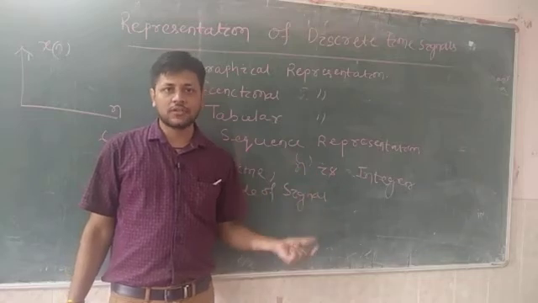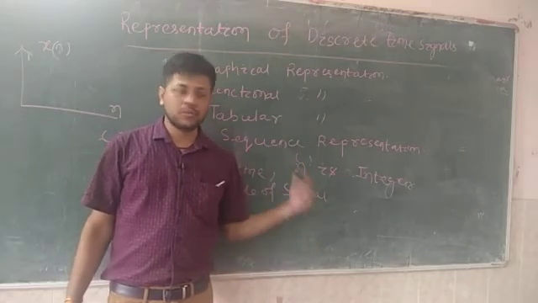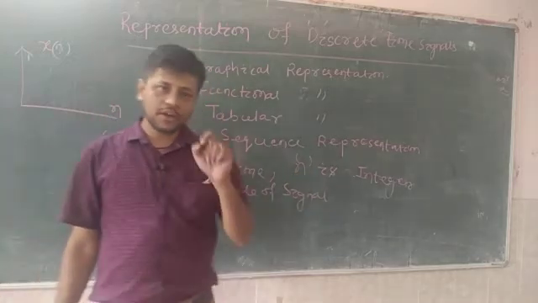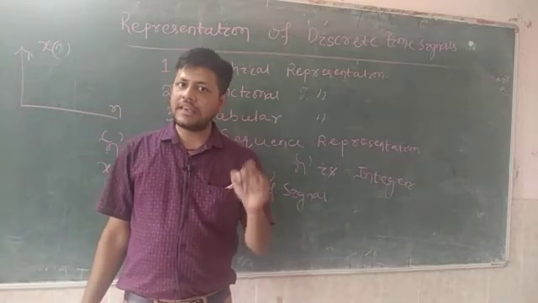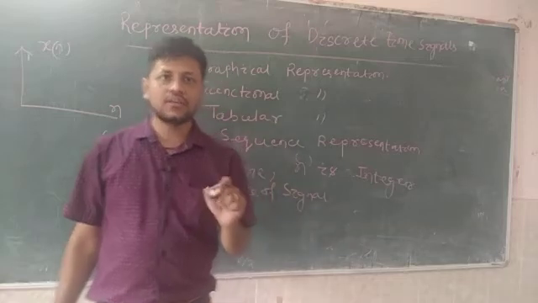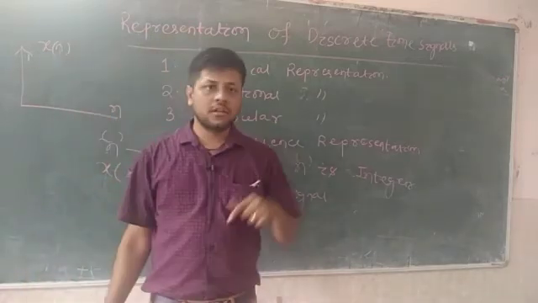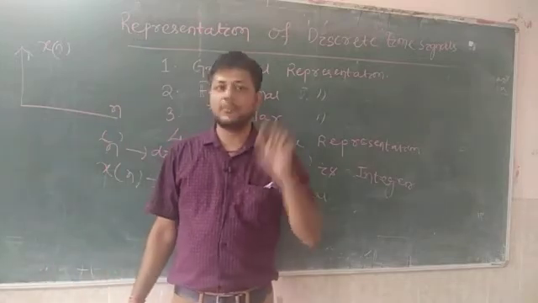In discrete time signal, whenever I write this small n, you must understand it denotes the discrete time, and it takes only integer values. And x[n] represents the amplitude at that particular time instant.